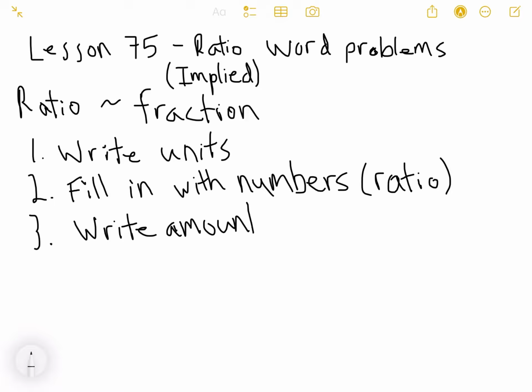Sorry, my pen's not behaving super well right now. So anyway, that's amounts. And then what's my last thing? Well, my last thing is to find the multiplier. What is a multiplier? We're going to talk about that in a second, but find the multiplier.